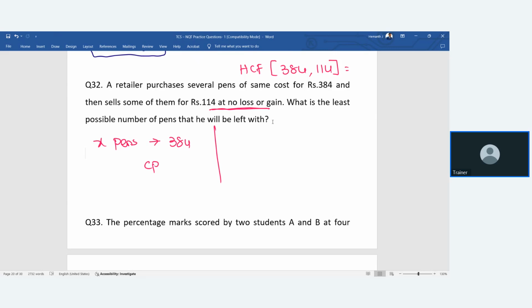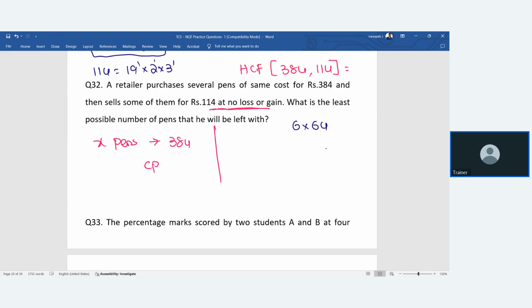Right, if we do HCF for that 384, as I mentioned, we need to work on this. 114 is 19 into 2 into 3. I think 6 is the common factor, it seems. 384 is 6 into 64.